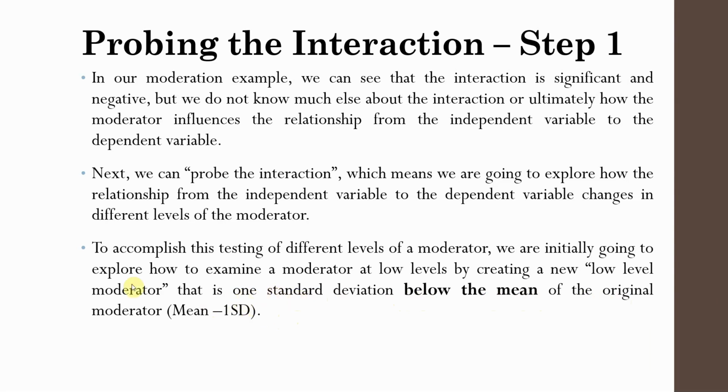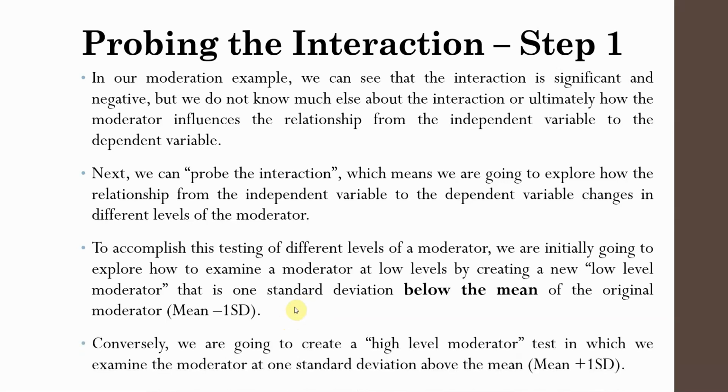So how do we go for one standard deviation below the mean? Conversely, we are going to create a high-level moderator test in which we examine the moderator at one standard deviation above the mean, that is mean plus one standard deviation. Low, mean minus one standard deviation, and high, mean plus one standard deviation.